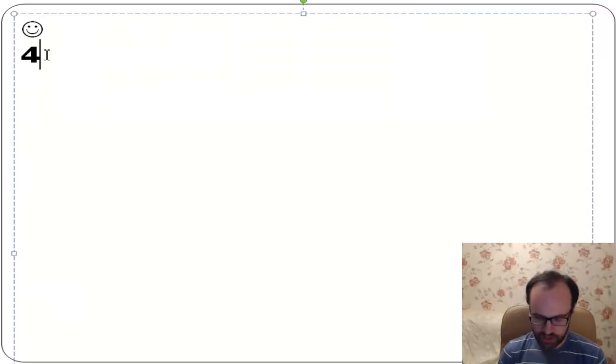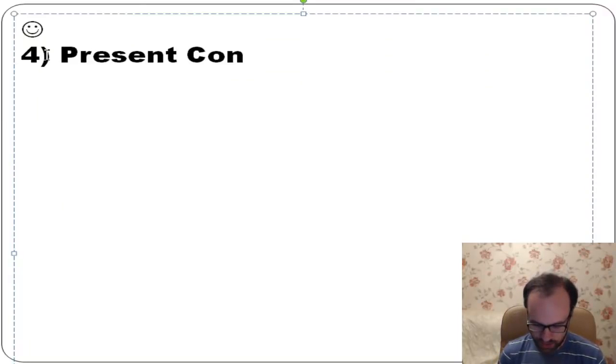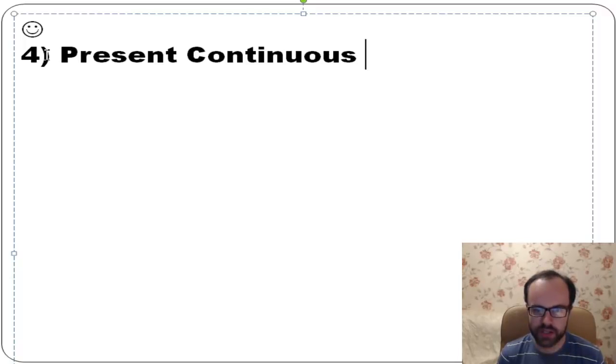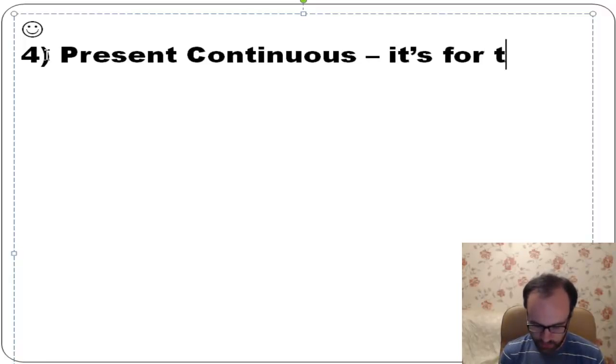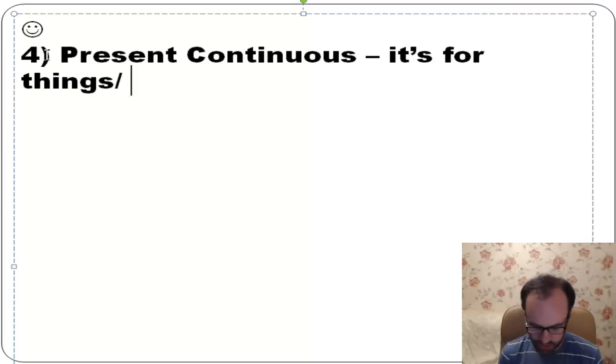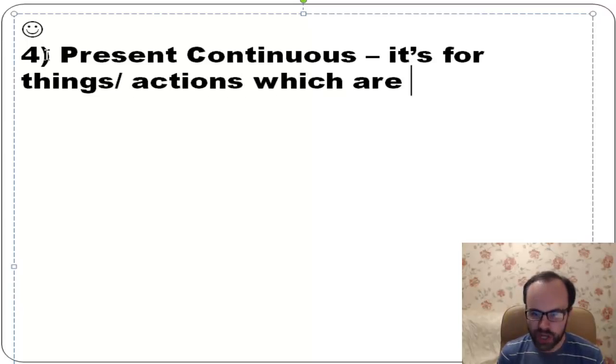Good. Let's talk about present continuous. So, it's for things, or it's for actions which are now.